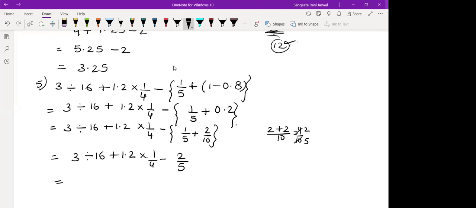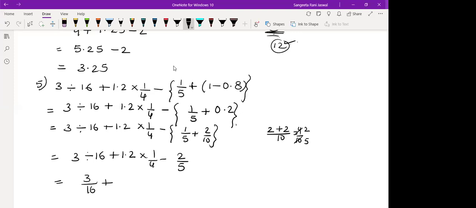Okay, this is now 3 by 16. We can do 3 divided by 16. If we divide it, we can get it in the decimal form, or I'm just writing it in fraction form because we have the other two numbers also in fraction form. And this is 1.2 multiplied by 1 by 4.